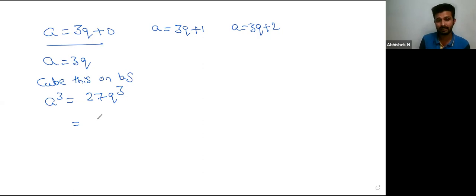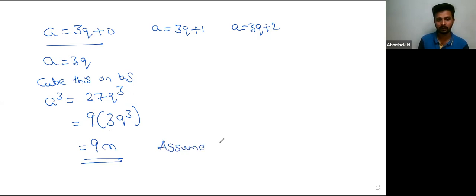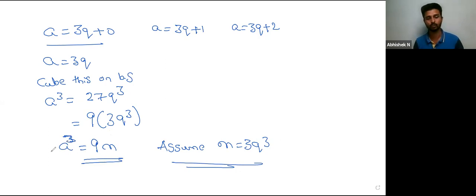Then we can further simplify this as 9 into 3q cube, and we can further write this as 9m. How? We just assume that m is equal to 3q cube. So a cube is of the form 9m.